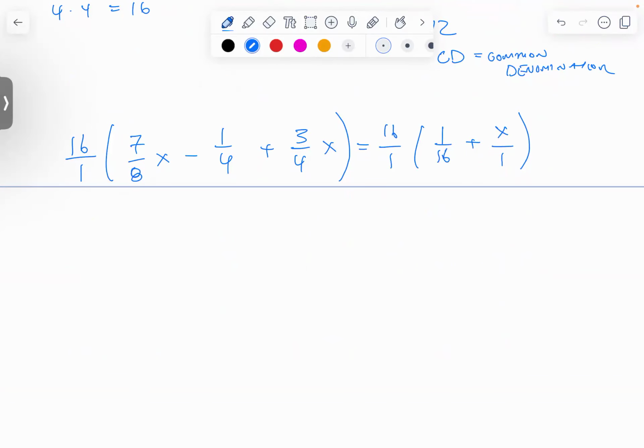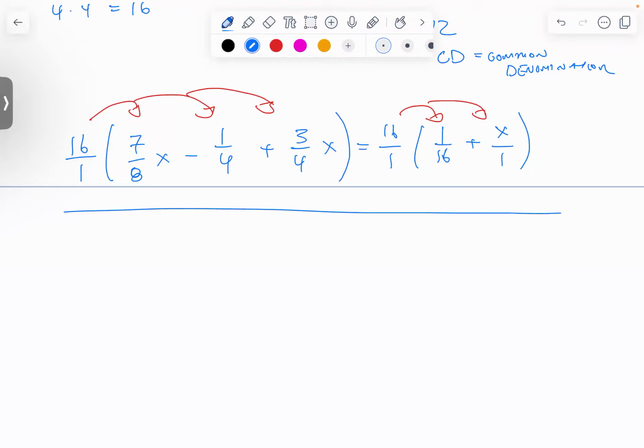Now, be aware this is going to get worse before it's going to get better. So once again, I'm going to rainbow. I'm going to bring this piece in, and I'm going to write this out in complete detail.